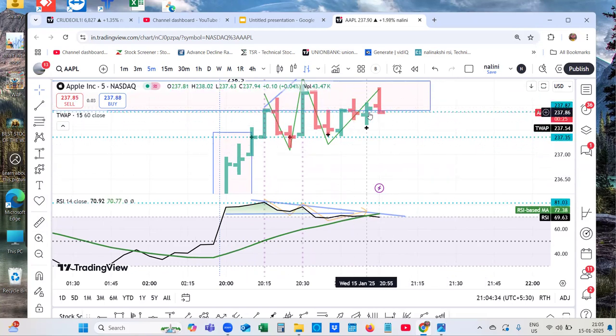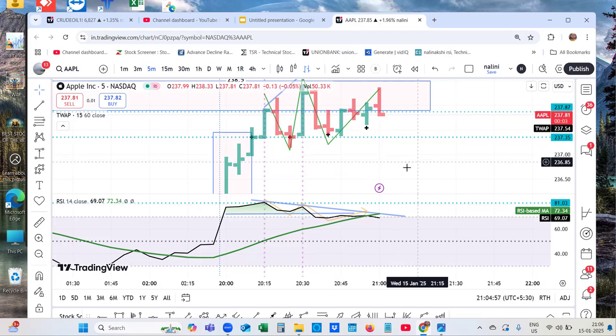See how the market traps. It has taken the liquidity of this seller as well as the buyer. Once it takes the liquidity, it is moving very swiftly. 12 minutes is there, 12 seconds is there, 8 seconds is there.